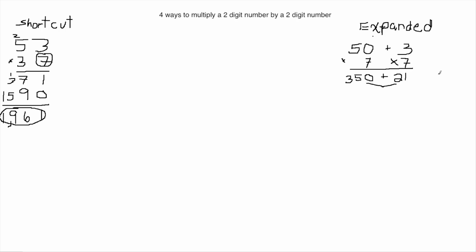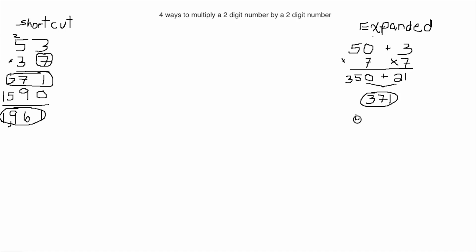You can stack it up, or you can say 3 plus 0 is 3, 5 plus 2 is 7. It just happens to work. You can add it left to right, but you should do it from right to left. 1 plus 0 is 1. Now, if you look, this partial product is exactly the same as this partial product.